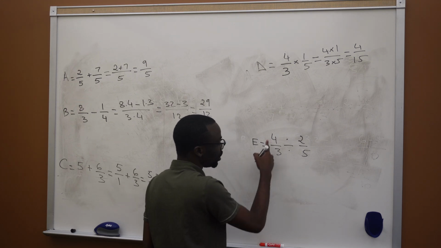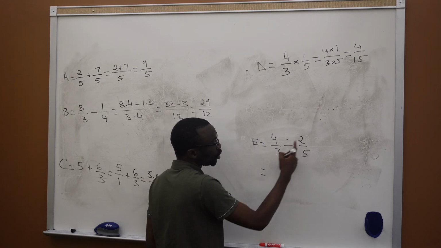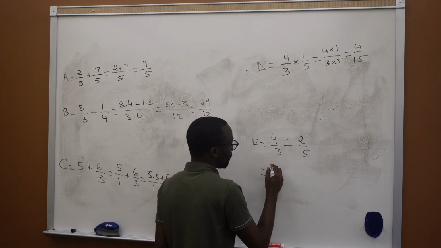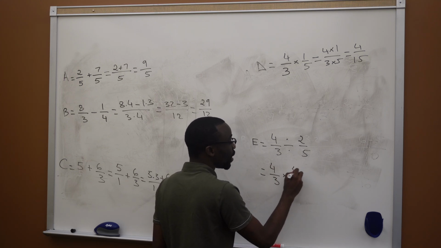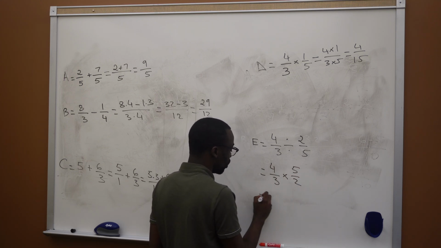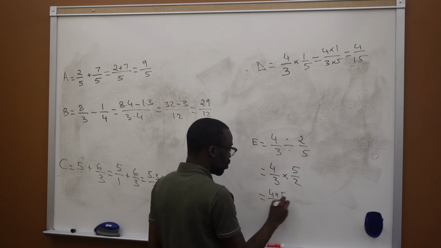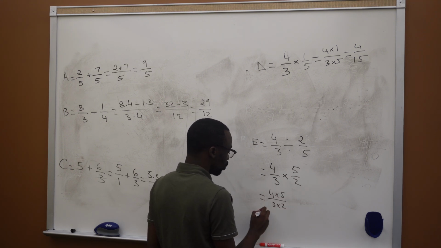Last, not least, 4 over 3 divided by 2 over 5. I keep the first fraction as it is, and I multiply by the inverse of the second one, which is 4 times 5 over 3 times 2, which becomes 20 over 6.